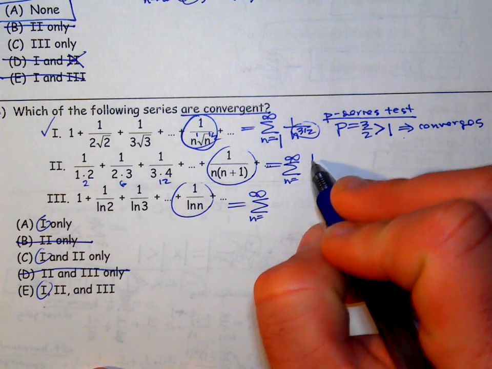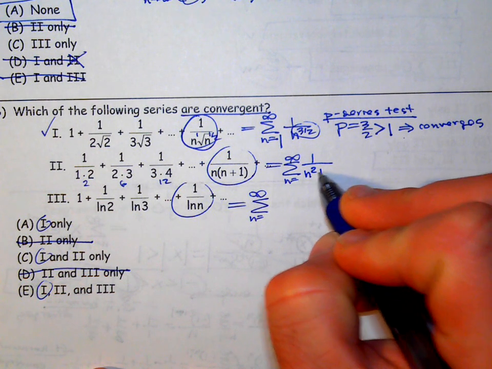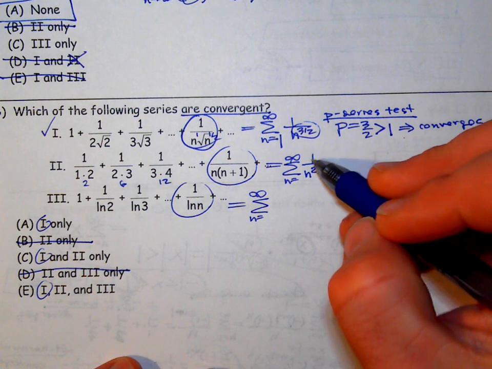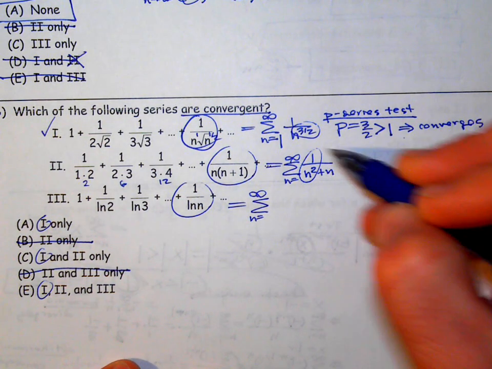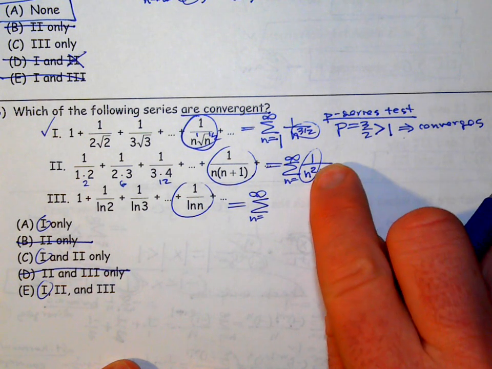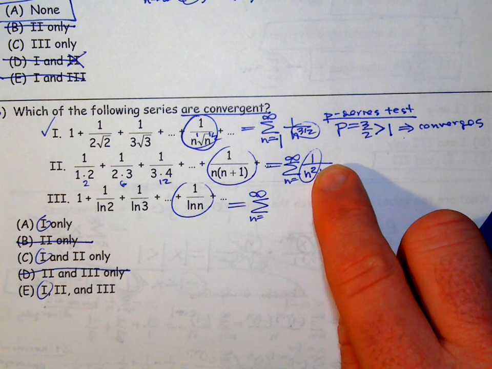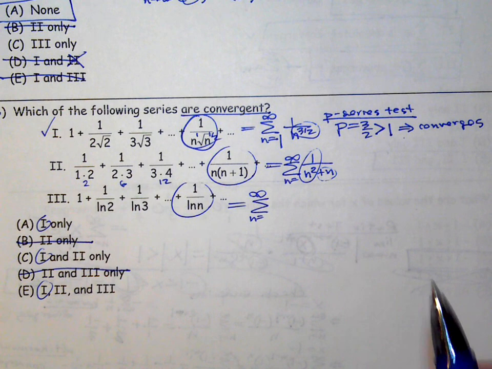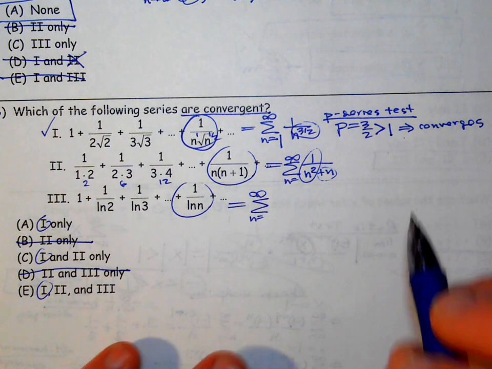So if you were to multiply this out, you get n squared plus n, and that means, think about it, this series is a p-series with p equals 2, which converges. Ours has bigger denominators term for term, which means that they're smaller terms.